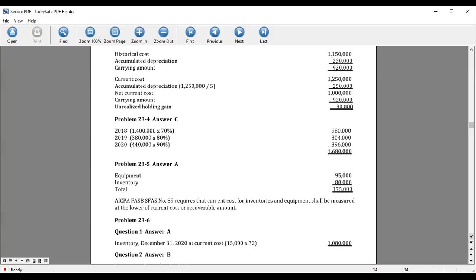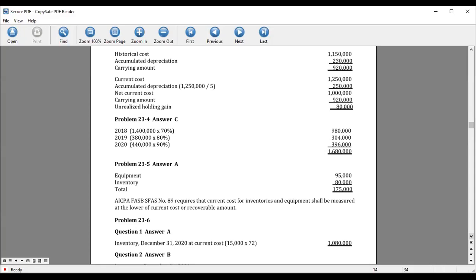Now, for number 5, the company owned the following two assets at year end. So we have the current cost of the equipment and the inventory and the recoverable amount. The entity voluntarily disclosed information about current cost at year end.